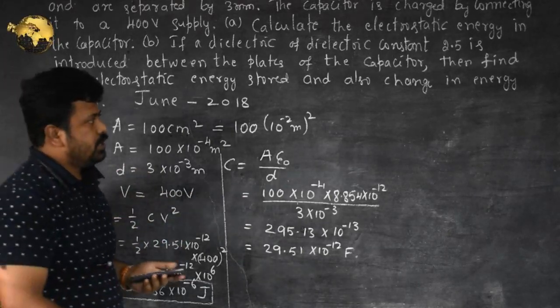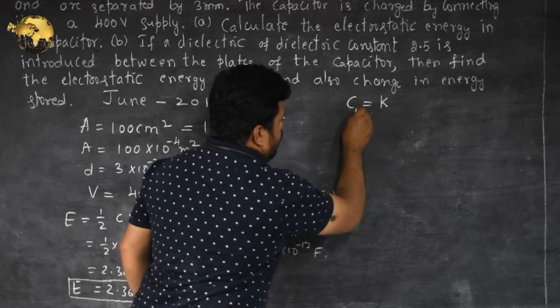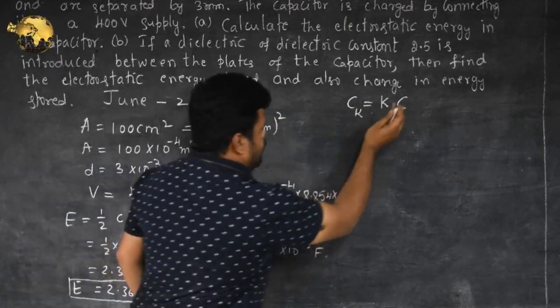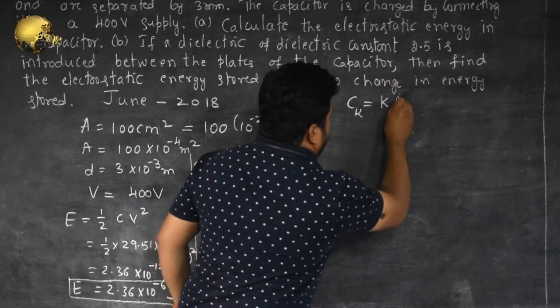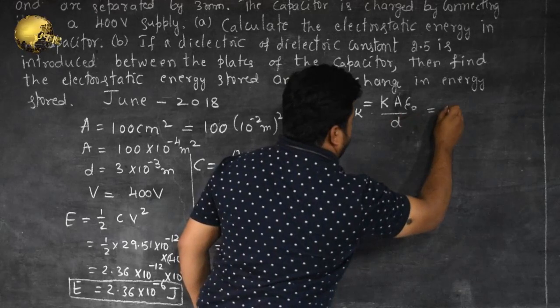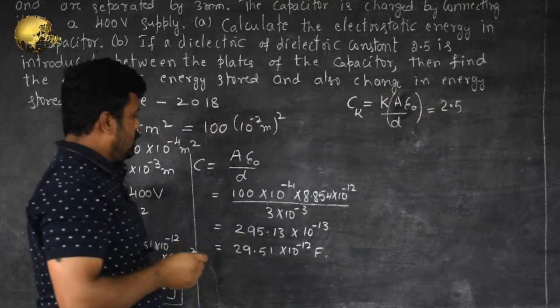C is equal to K into the earlier capacitance, that is K into A epsilon naught by d.